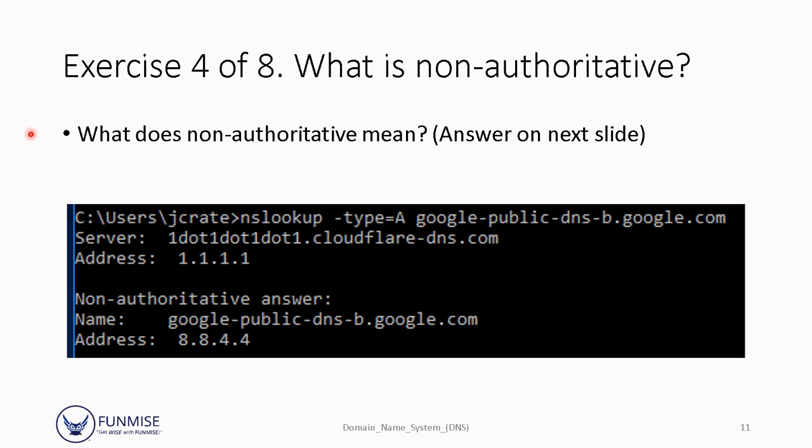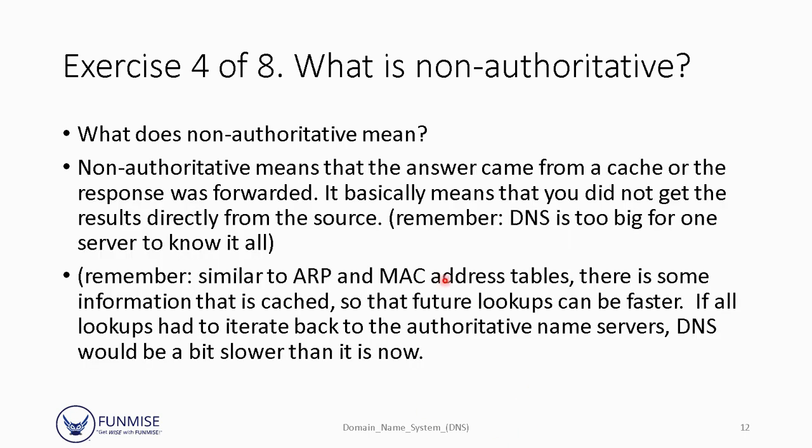Okay, what is non-authoritative? As you'll note in this nslookup command output, it says the answer is non-authoritative. Non-authoritative means that the answer came from a cache or that this response was forwarded.